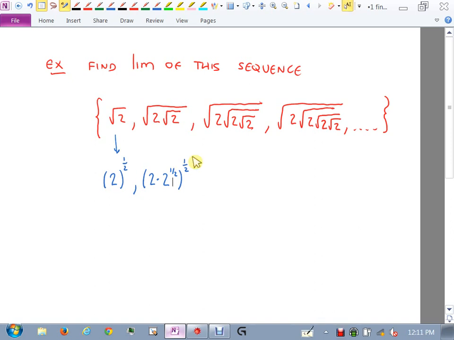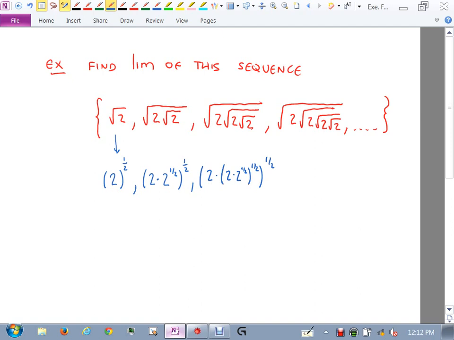I could write it that way. And then the next one would be square root. Inside that I have 2 times, but then I have another square root, don't I? And then I have inside that 2 and then 2 to the 1/2 again. Do y'all follow this?